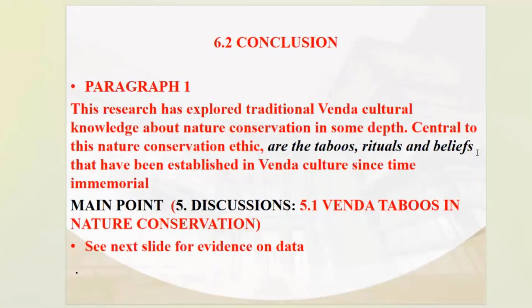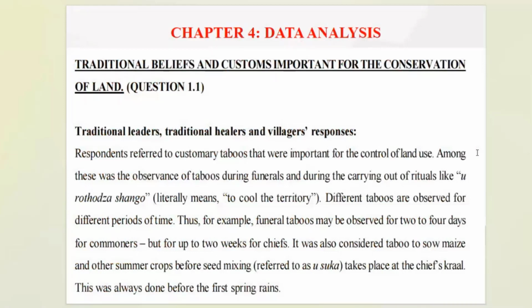And the data, which was in chapter 4, I'm going to open to show you how it looks. So this is an extract of chapter 4. And that is where we'll see that the taboos I made conclusions on were not thumb-sucked and not just coming from my head. It is what we collected, and this is what we were told.